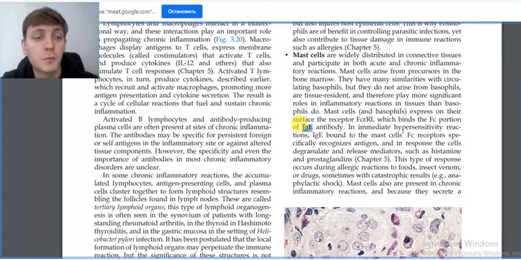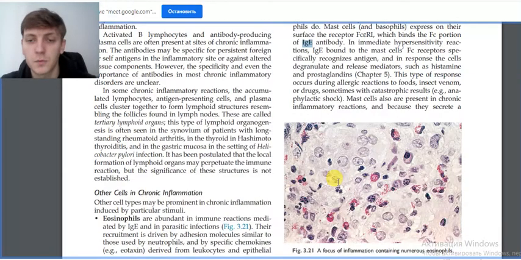Once again, in mast cells we have granules composed of histamine and heparin. Activation of IgE causes degranulation, releasing of these granules into the interstitial space, and due to this it causes reactions like allergic reactions, inflammatory reactions, and in some cases anaphylactic shock. It will be discussed a little later.